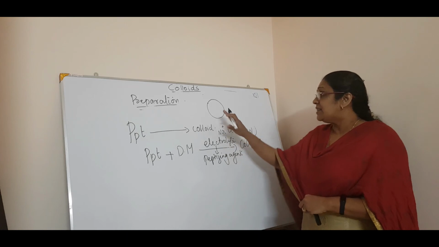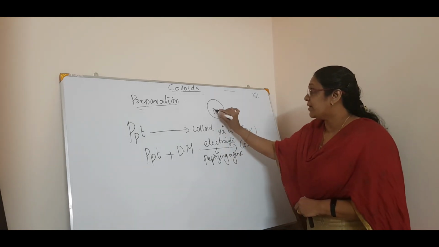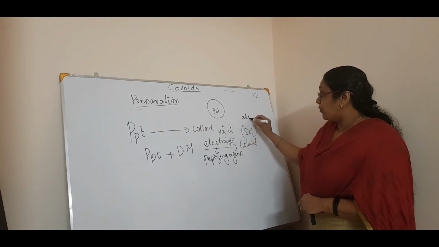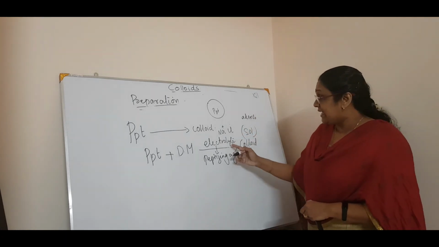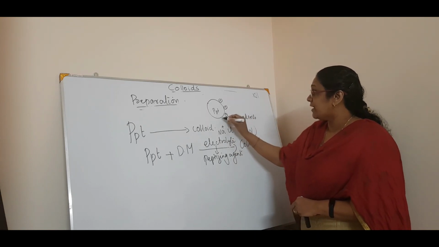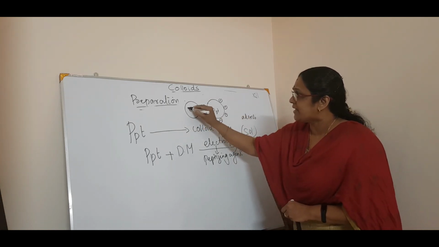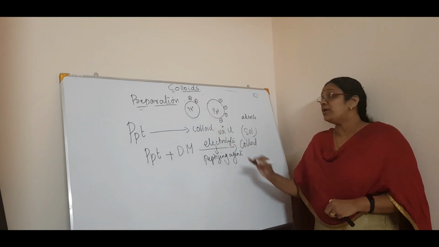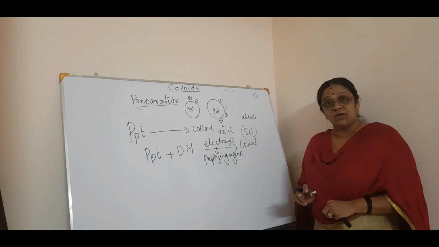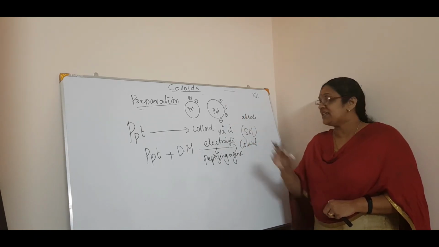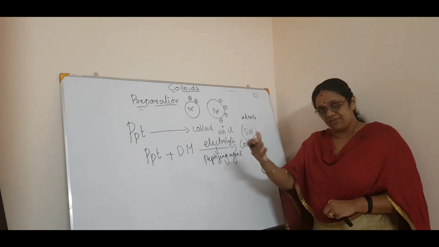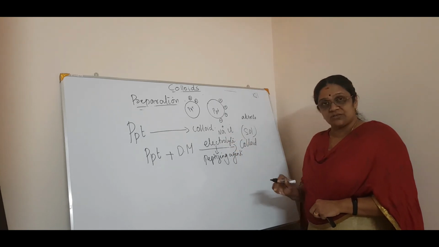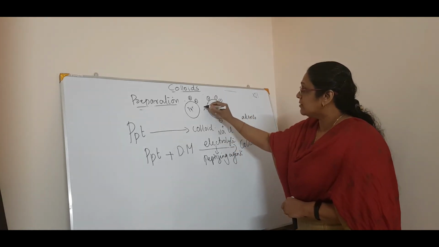Now, what happens? This precipitate will adsorb either a negative charge or a positive charge. It won't adsorb both plus and minus, because colloids have similar charges. If it is negative, everything is negative. We will see the charge adsorption later. So the precipitate adsorbs one of these charges and becomes a charged precipitate.